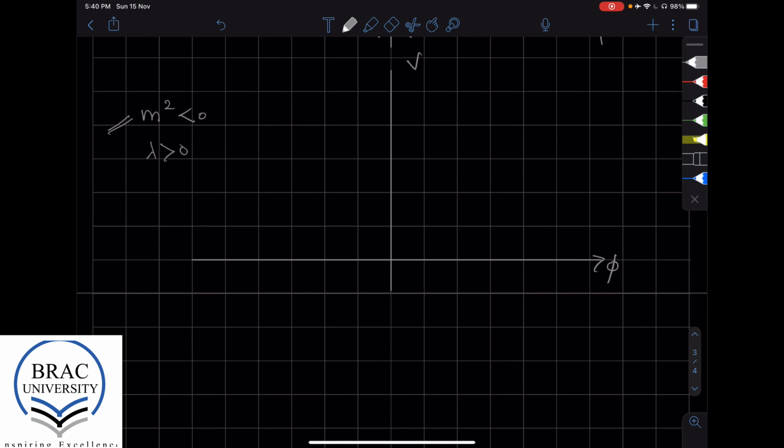Because it is negative, it'll curve down like this when phi is small. But at some point, this term will start balancing this term. So it'll turn the other way, and then after a while, this will be the dominating term. So this will rise up.